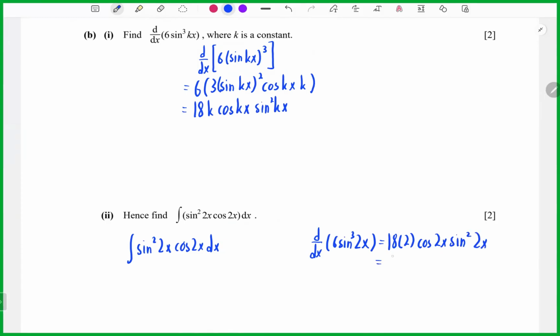So we get 36 sine squared 2x cos 2x. So we need to have the 36 value here. So you can write integrate 36 sine squared 2x cos 2x dx.